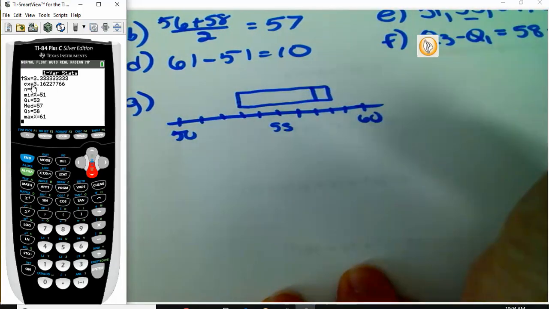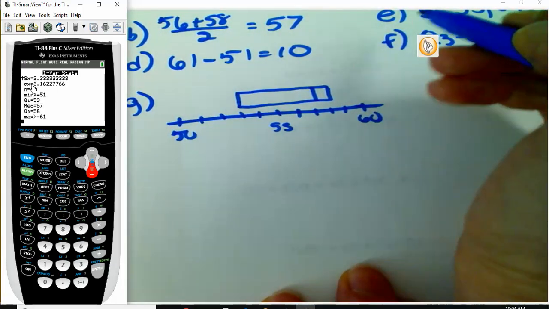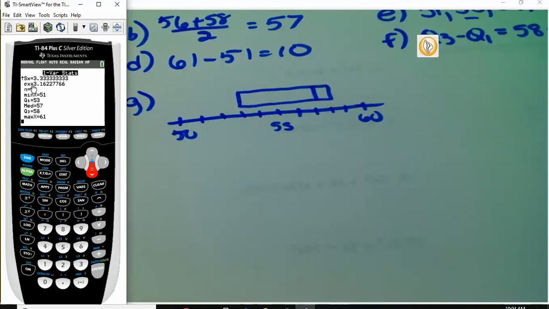Your whiskers go down to what? Right. It's your highest and lowest points, excluding any outliers. So to find outliers, you would have to find upper and lower fence, which I did not ask you to do on this one. You can kind of tell, aren't all of these scores pretty close together? Yeah.